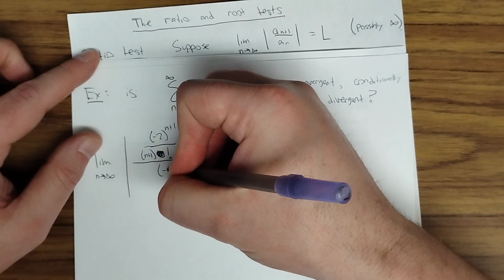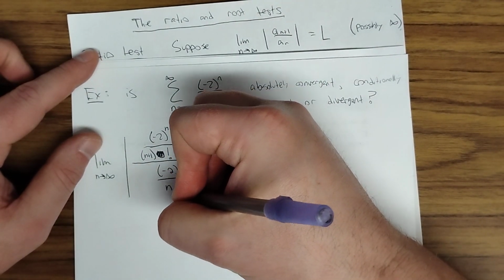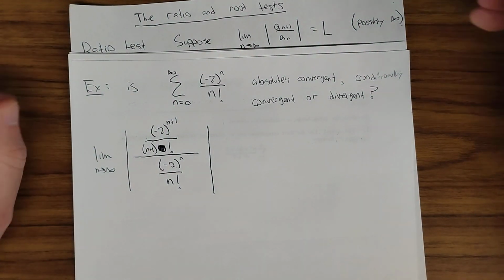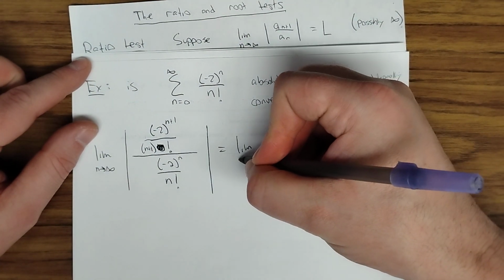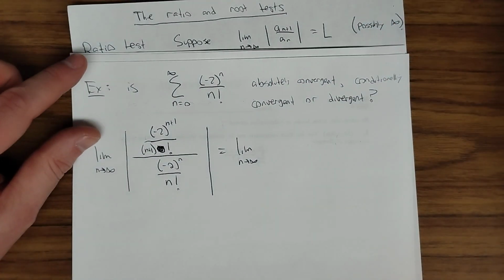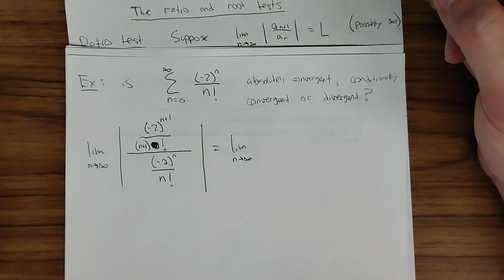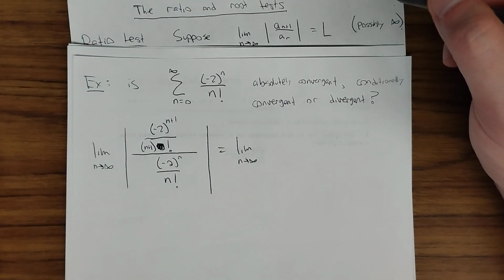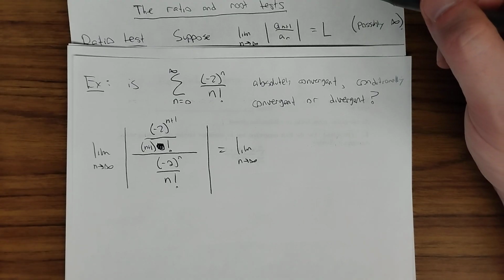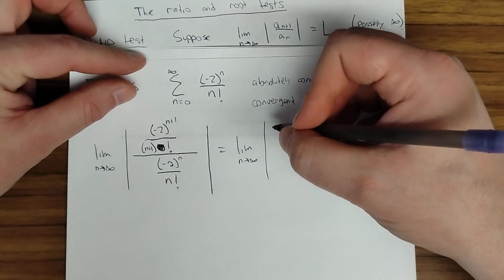And then here's my a sub n. Okay, now I'm not going to drop these absolute values, at least not right away. I'm afraid that I see some negative numbers in here. So let me be careful about that. I'll keep the absolute values. What I am going to do is flip the fraction, of course.